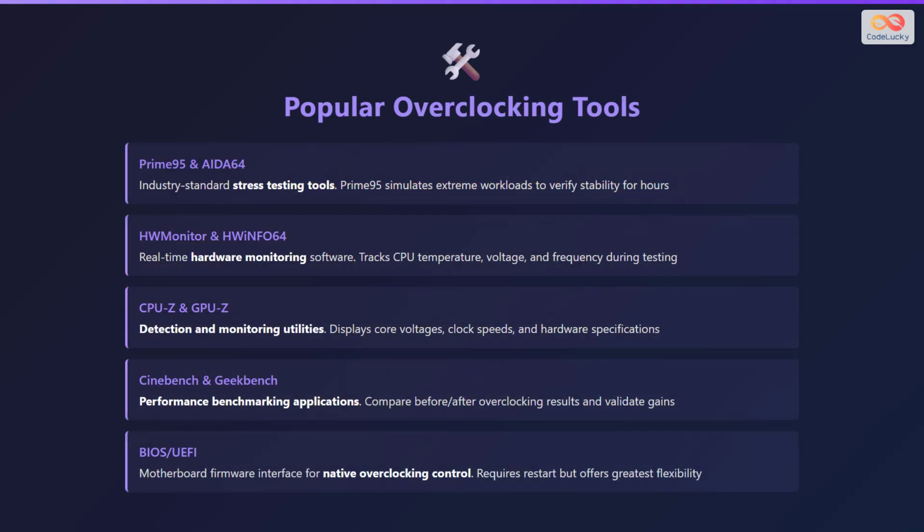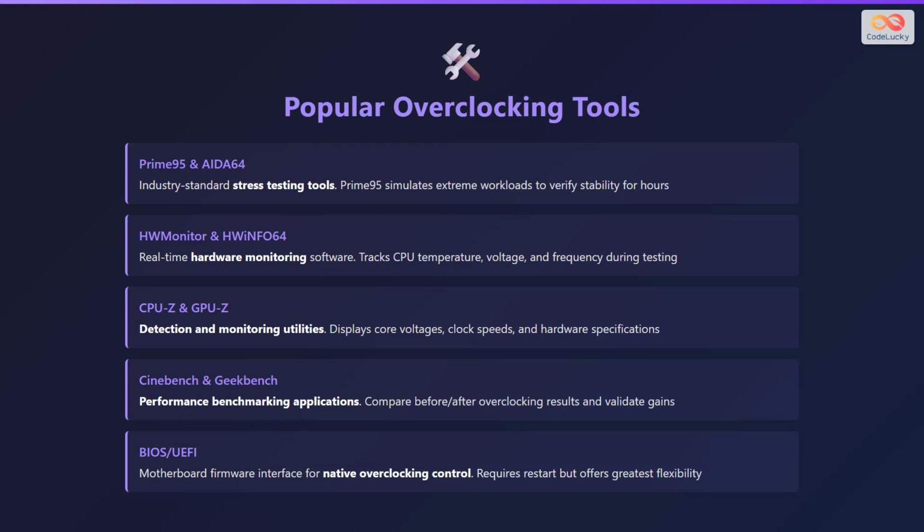Several specialized tools are essential for successful overclocking. Prime95 and AIDA64 are industry-standard stress testing applications that simulate extreme workloads for hours, verifying system stability under maximum load. HWMonitor and HWiNFO64 provide real-time hardware monitoring, tracking CPU temperature, voltage readings, and current frequency during testing.